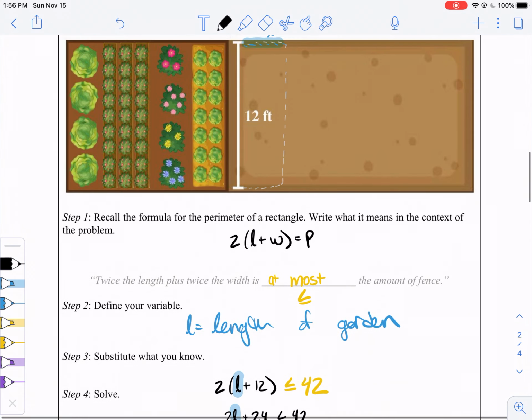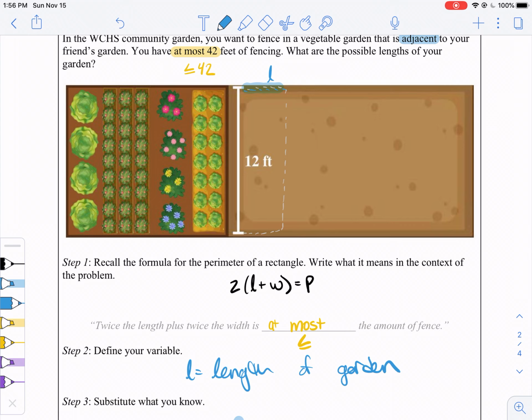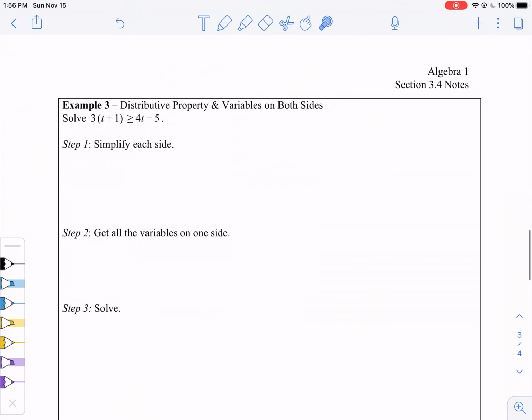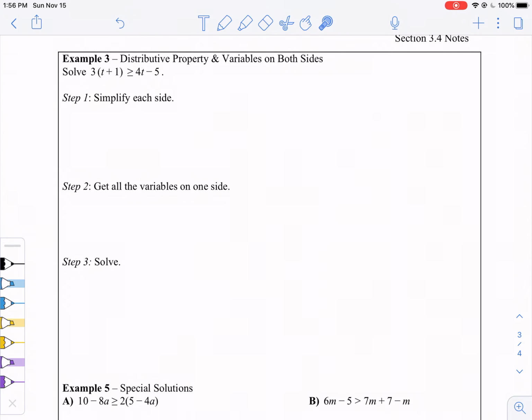Okay, so our garden can be up to 9 feet long. So it's less than or equal to 9 feet. It can be smaller if we don't want to use that much space, but we can go all the way out to 9 feet. I think the hardest part here is just setting up the formula and then plugging in what you know where it needs to go. Okay, let's do 2 more examples.